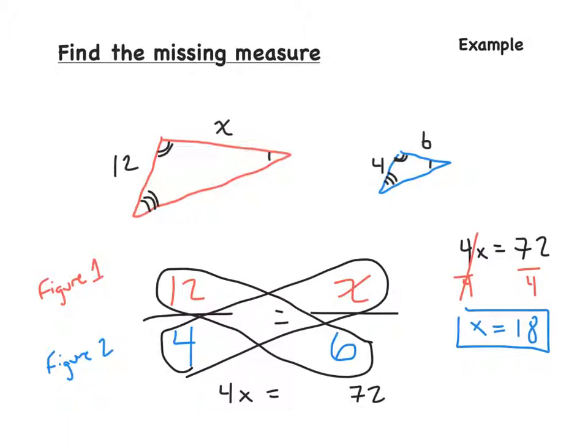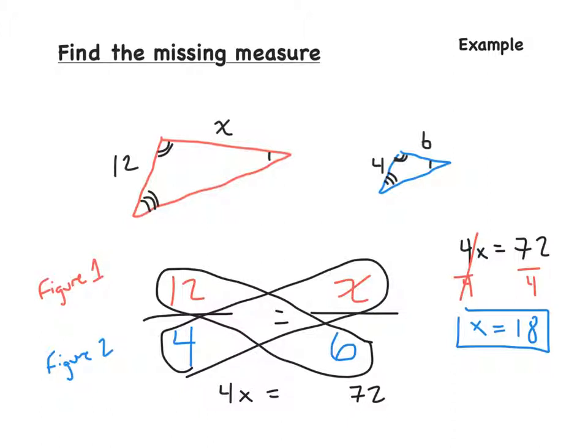So you can do the butterfly method, but there's also another way to look at it. We have the side of 12 going down to 4. How many times can 4 go into 12? 4 can go into 12 3 times. So we know that 6 must go into whatever x is 3 times. So 6 times 3 is also 18.